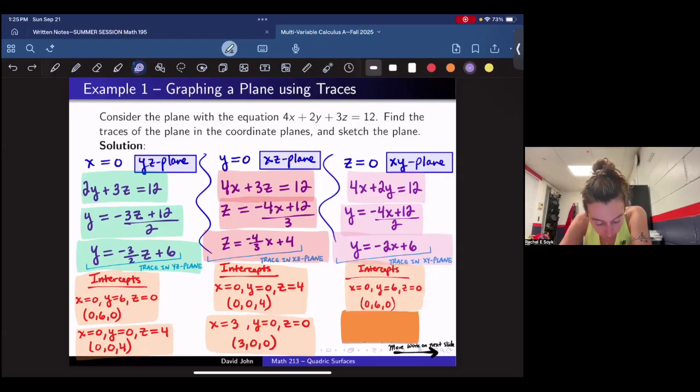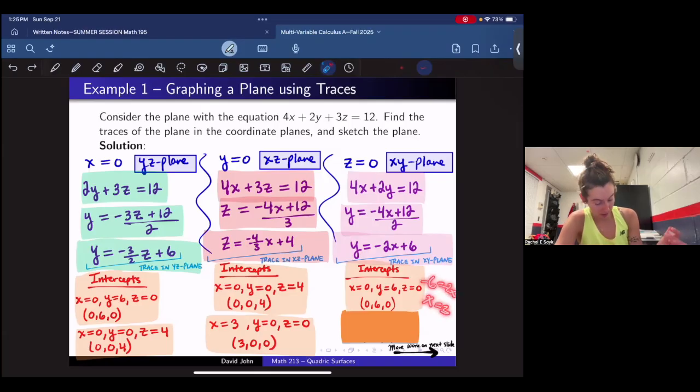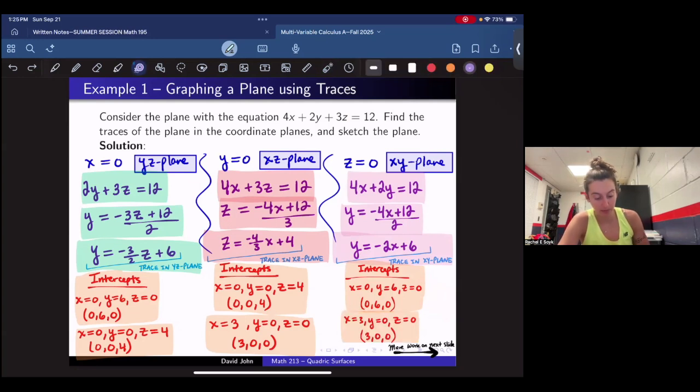And then finally, for our last intercept, why don't we set y equal to 0 and then solve for our x value. So when y is 0, we're looking at negative 6 equals negative 2x, divide both sides by negative 2, and we get x equals 3. So our reveal is 3, 0, 0. And that's it.